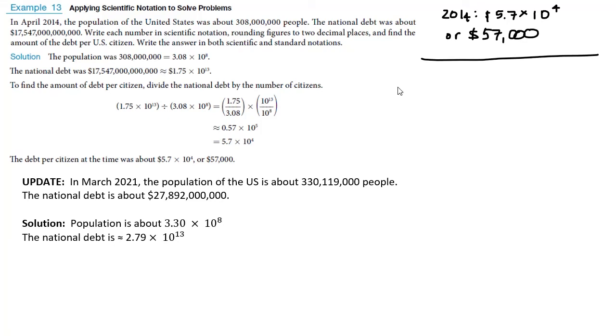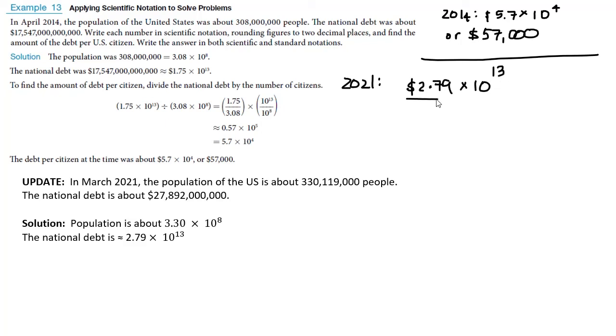But I've updated this. The population of the US in 2021 is 330 million, and the national debt is almost 27 trillion. It's 27.9 trillion. So what we have here is the national debt, $2.79 times 10 to the 13.